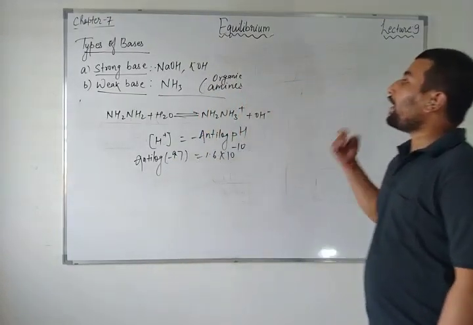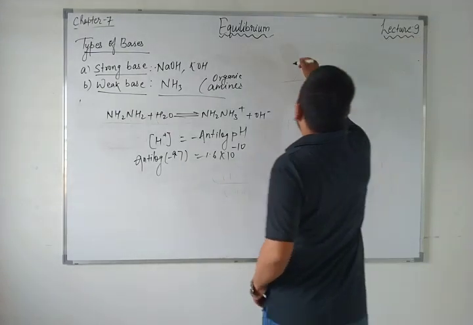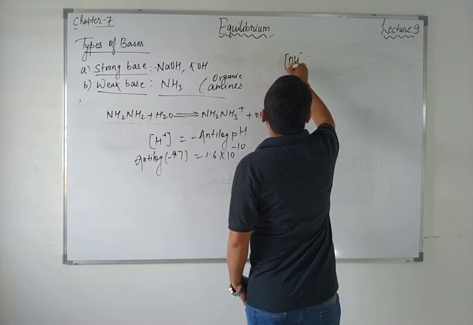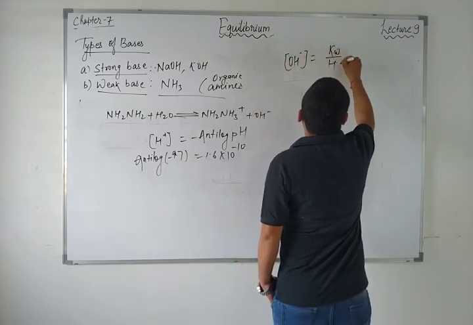As I have given you in the acid also, Kw was 1.0 into 10 to the power minus 14. So the OH minus concentration will be Kw upon H plus.